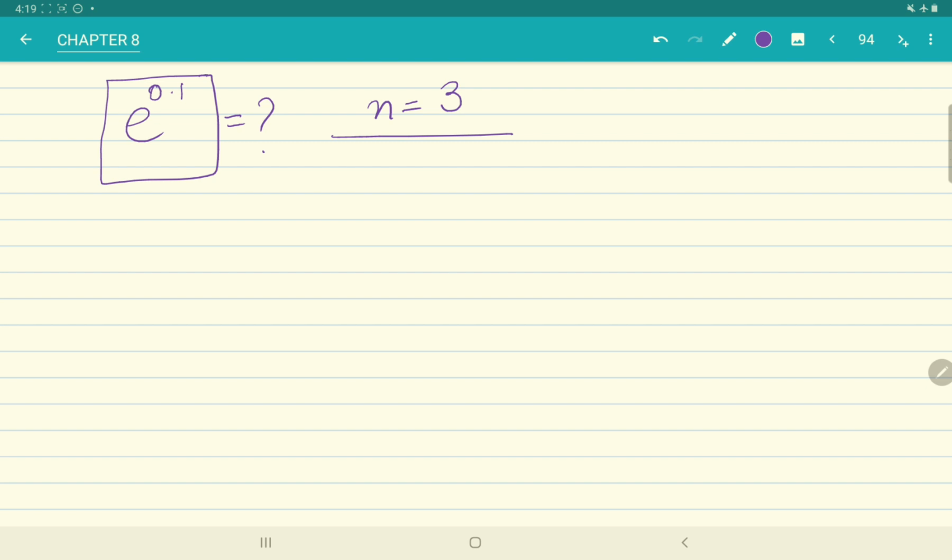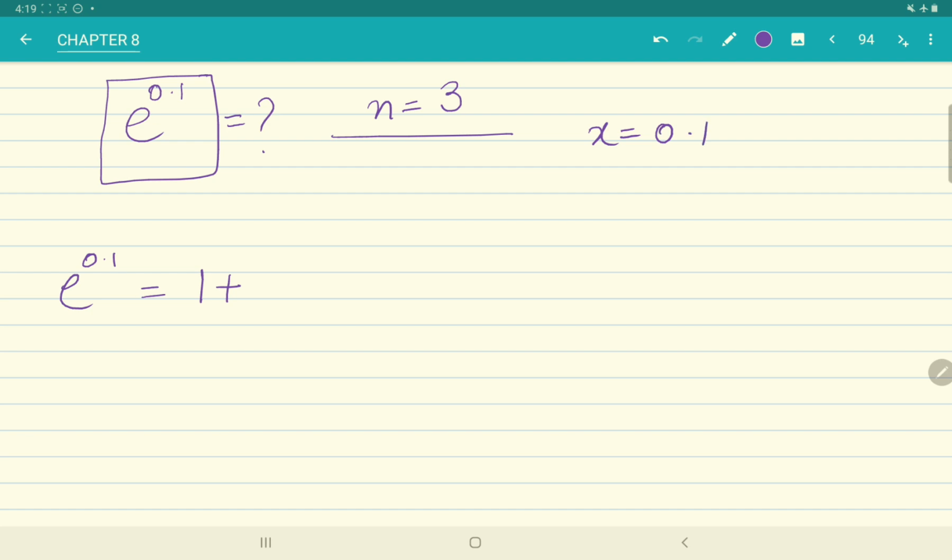Given that n is equal to 3, again I can use the Taylor's formula, keeping in mind the fact that n is equal to 3. So I can go for e raised to the power 0.1 is equal to 1 plus, so here x is equal to 0.1.